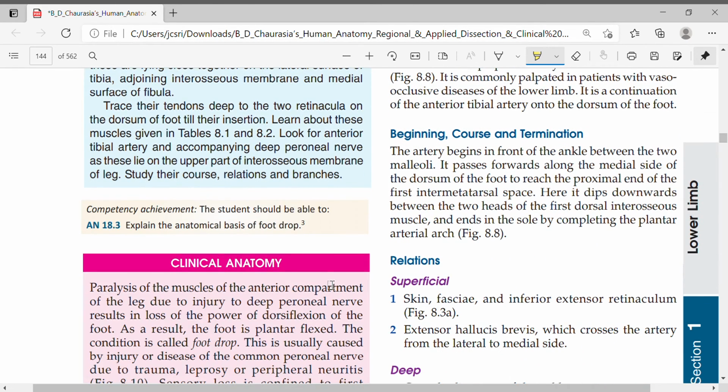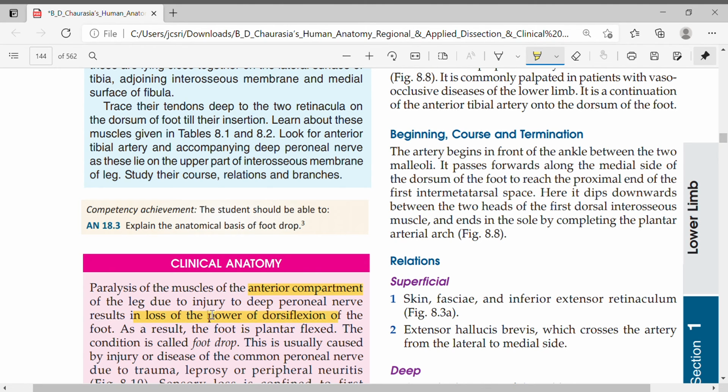So now we will conclude by talking about the clinical anatomy, that is the applied aspect. You have anterior compartment syndrome, where the deep peroneal nerve has been injured. In anterior compartment syndrome, when the patient tries to do dorsiflexion, there will be pain and a loss of dorsiflexion.